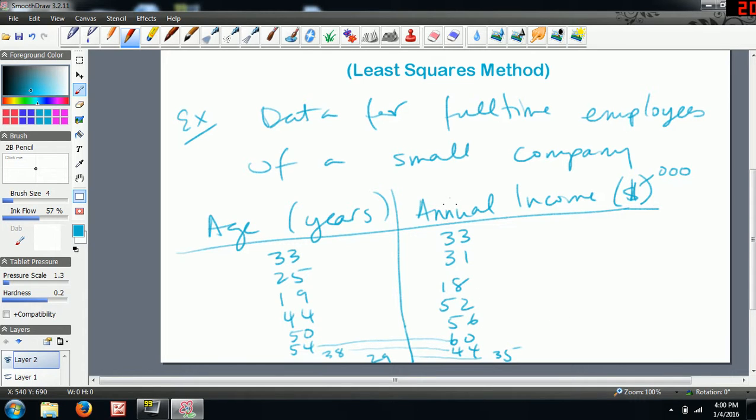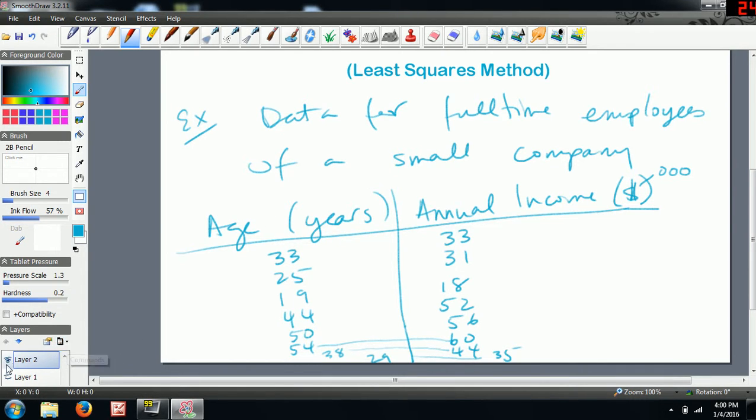Now, first of all, for something like this, you could also be asked to draw a scatterplot, use a scatterplot to classify the correlation between age and income, to see if there's a correlation, a positive correlation, a negative correlation, etc. And to do that, you would have to actually graph this data.